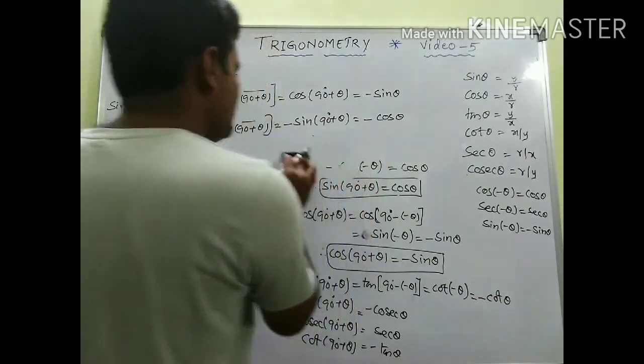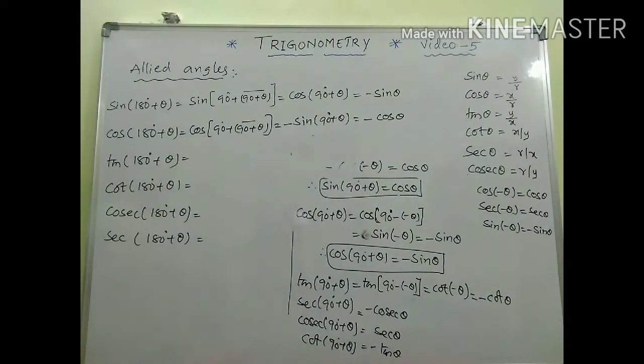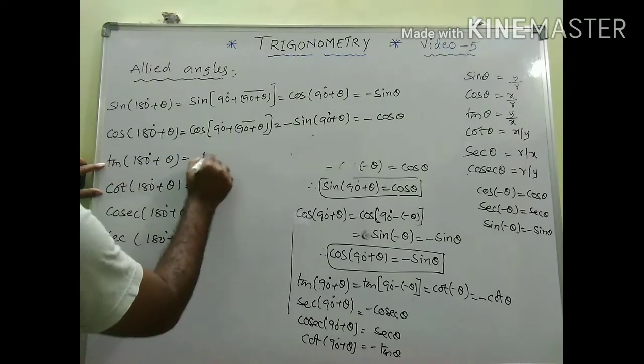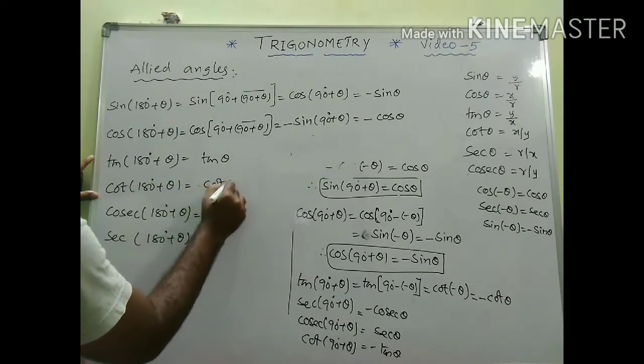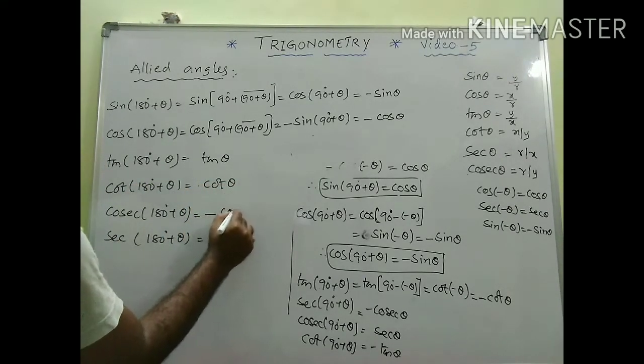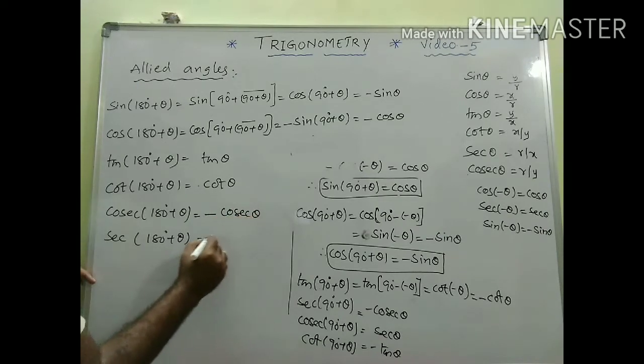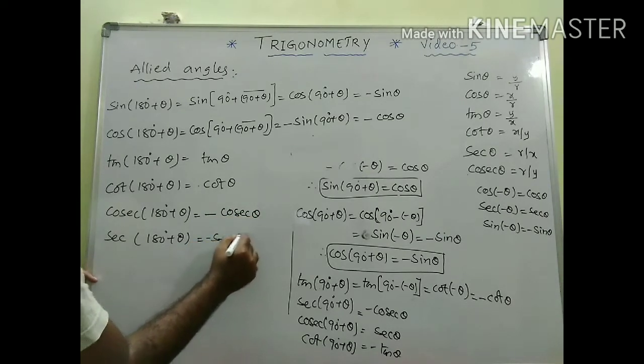So in the same manner all these things you can write it, my dear. So for 180 plus theta, you are going to get plus tan theta, plus cot theta. But remaining, this is minus cosecant theta, and this is also minus secant theta.